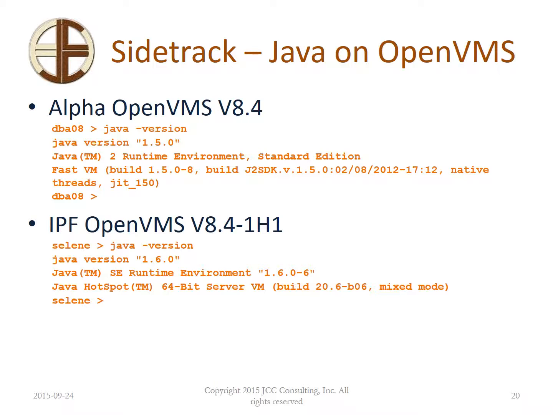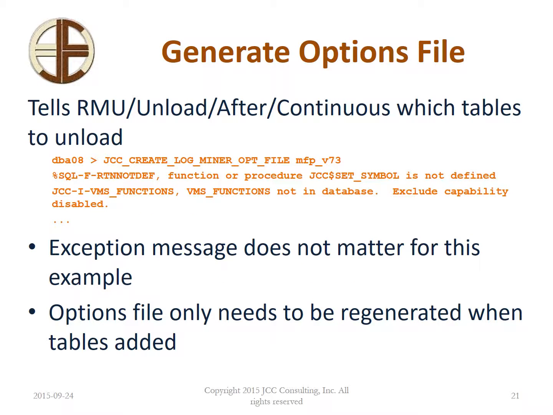And since I'm running on Alpha, that means I'm going to use the JDBC 3 jar file. On Itanium, the latest version is 1.6.0-6, so I could have used the JDBC 4 driver if I'd been running on an Itanium.